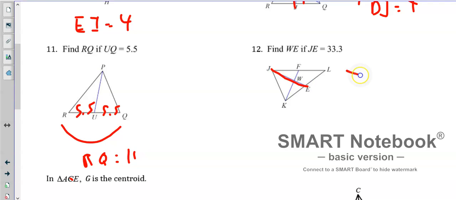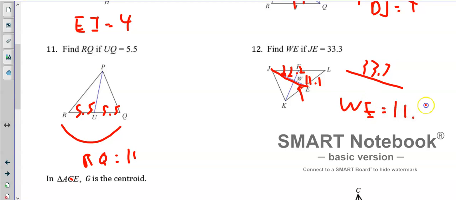The whole thing is 33.3. Well, the small piece right here is 1/3 of that. So that's 11.1. Double that makes this 22.2. Add those together, it's 33.3. So WE is 11.1.